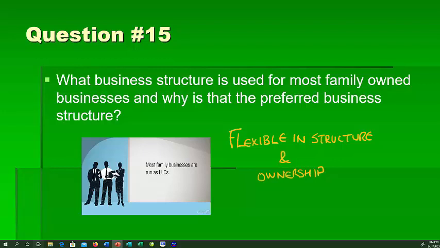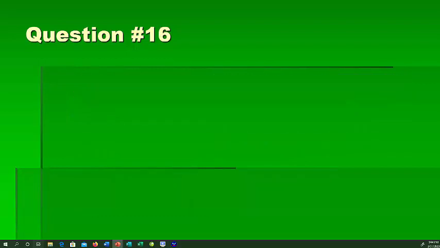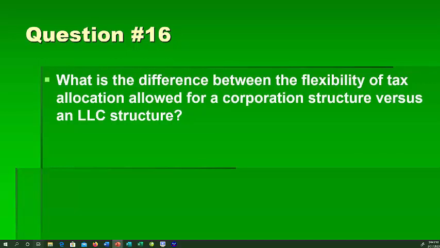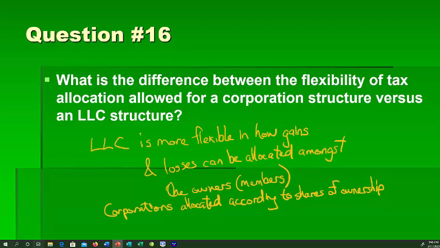All right. Question 16. What is the difference between the flexibility of tax allocation allowed for a corporation structure versus an LLC structure? So, LLC is more flexible in how gains and losses can be allocated amongst the owners, which again are the members. Corporations allocate according to shares of ownership.